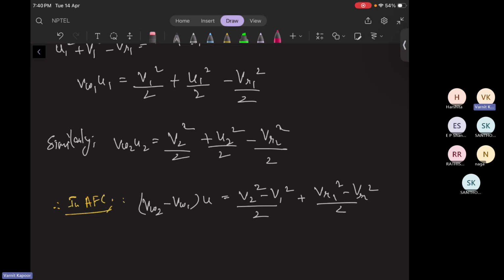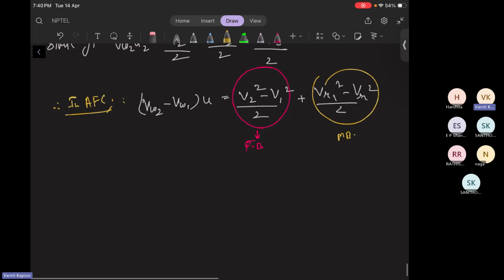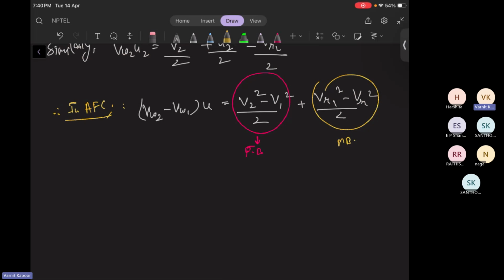Okay, this is because of the presence of the fixed blade, and this is because of the moving blade. Okay, diffuser effect.